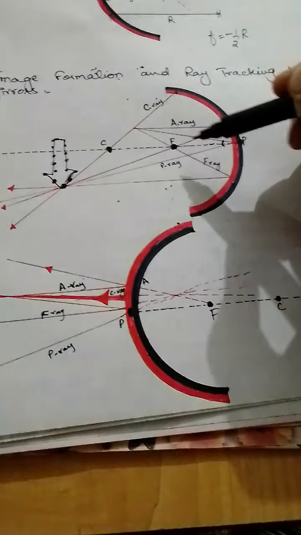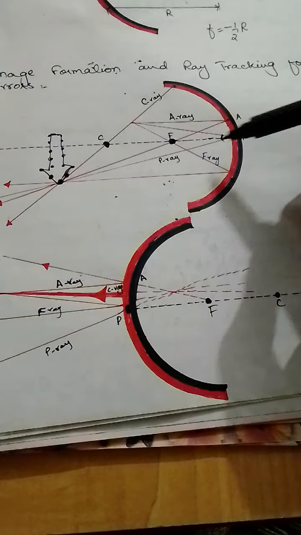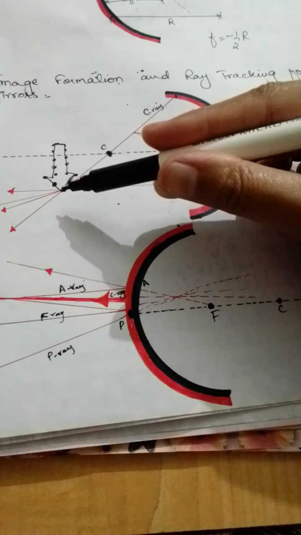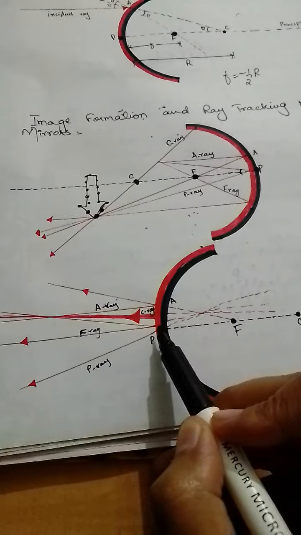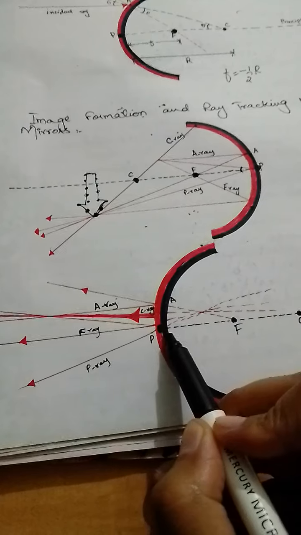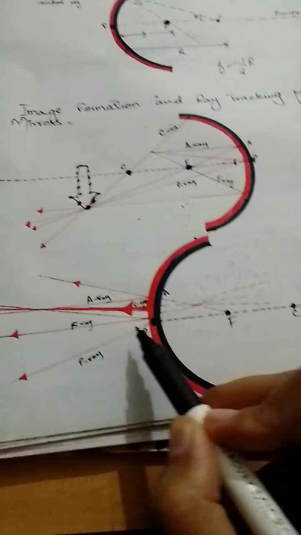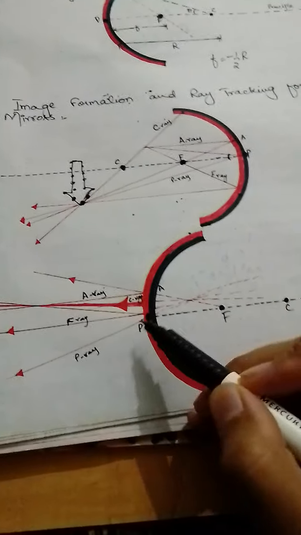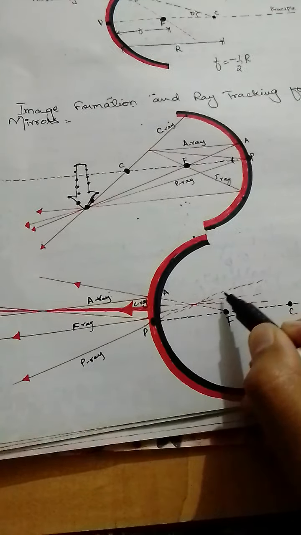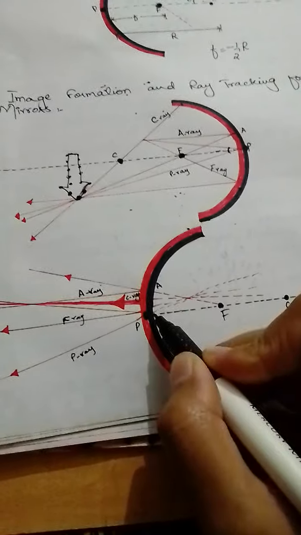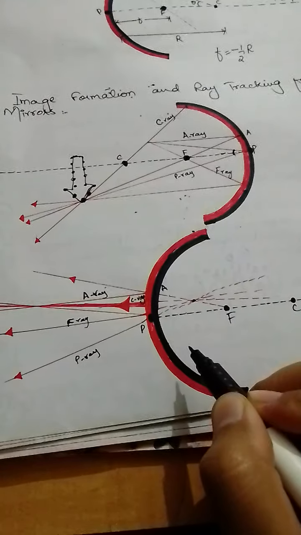Similarly, the P ray strikes the pole and gets reflected back, passing through the object point.